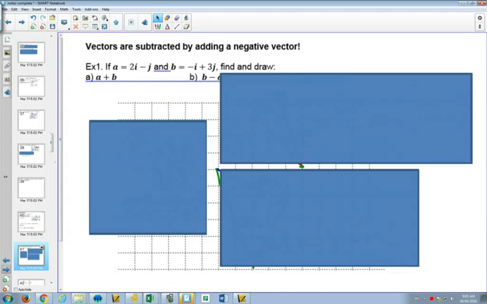So for example, if A is this and B is that, draw them and draw A plus B and draw B minus A and 2B plus 2A.